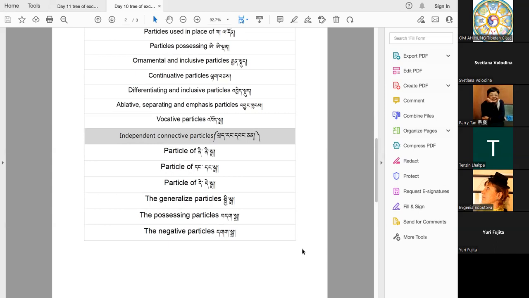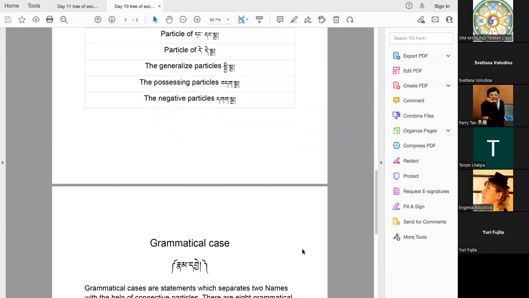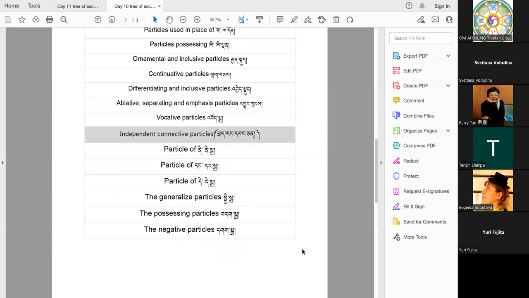Some of you have given me examples of the companion word in the homework or assignment, but you have mistaken them or confused them with the possessing particle. For example, shinke, carpenter, shinke. It's a possessive particle and not a companion word. Then we have the negative particle, gagda. So these are the connective particles.